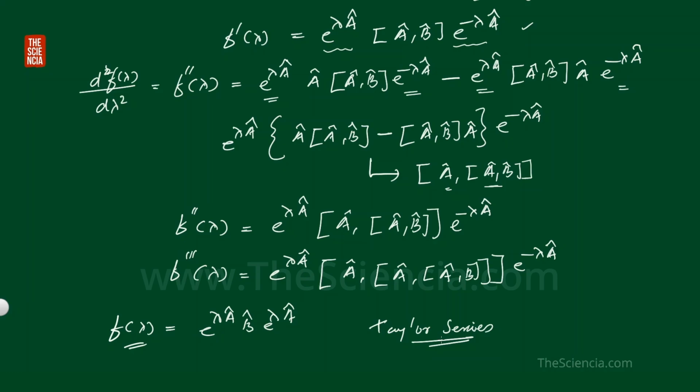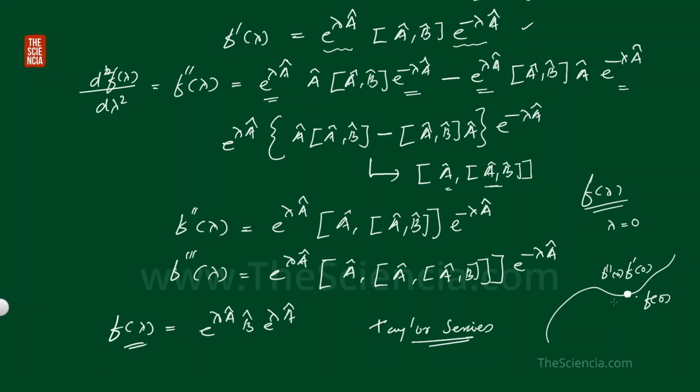That is, you know there is some function, and for this function at a particular point, that is lambda equal to 0, suppose this is the point, and you know f of 0 and all the derivatives at this point, that is f dash of 0, f double dash of 0 and all.